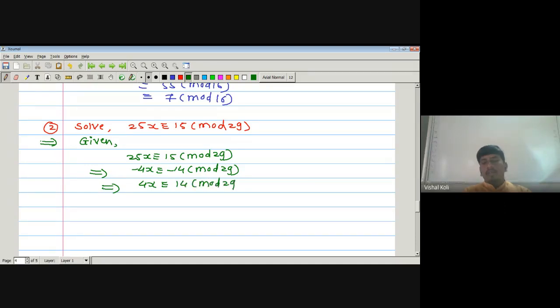Okay, which implies, write this one as 2 into 2x congruent to 2 into 14 modulo 29. Okay, so here we get AC is congruent to BC modulo n.